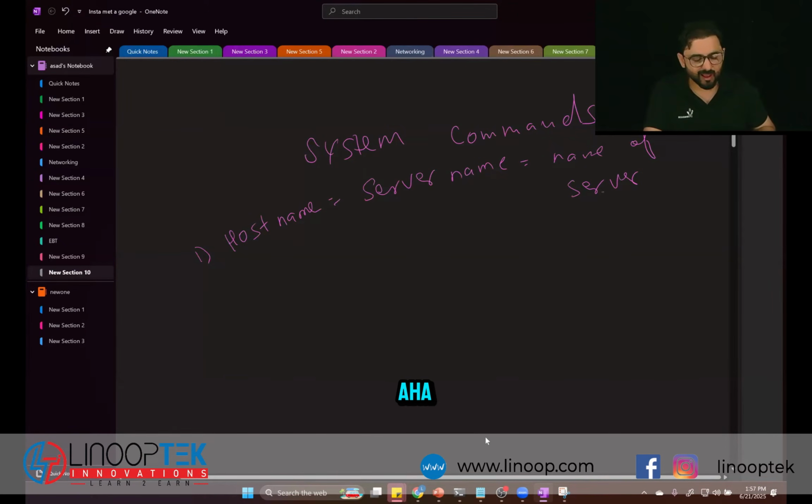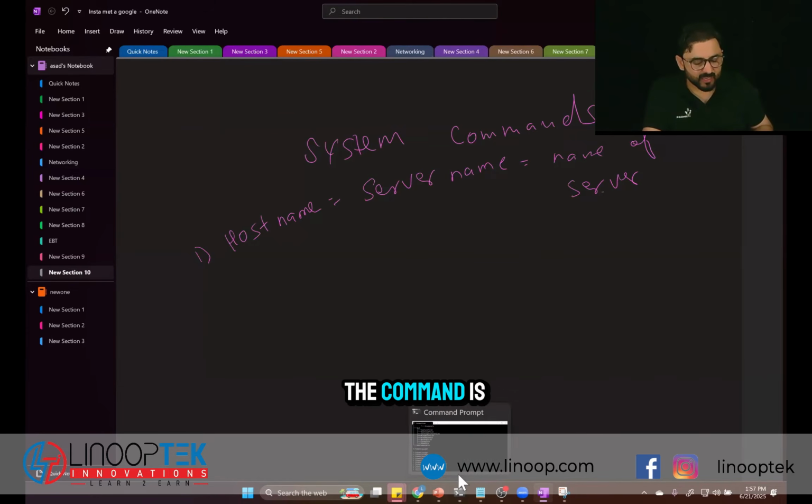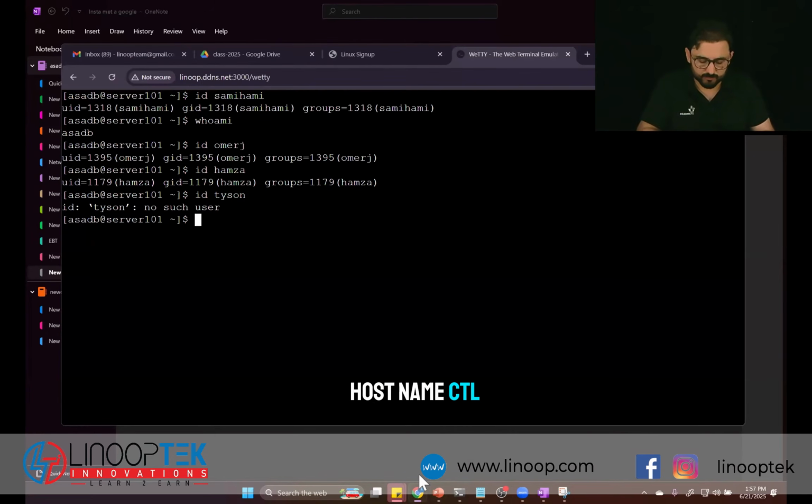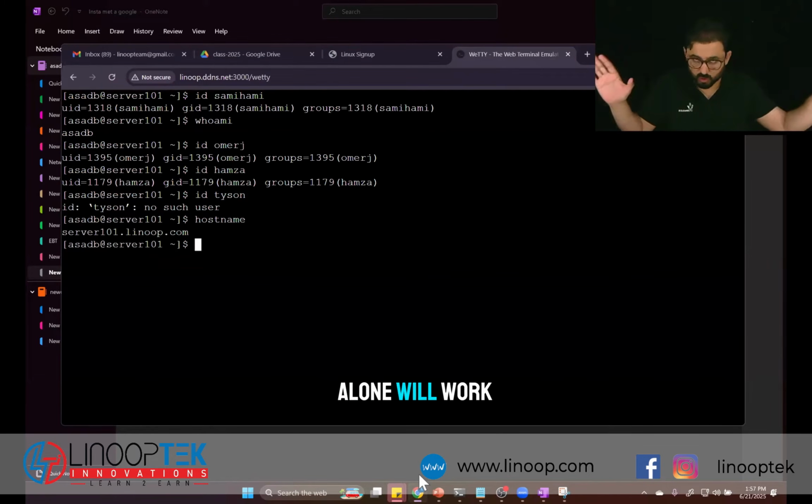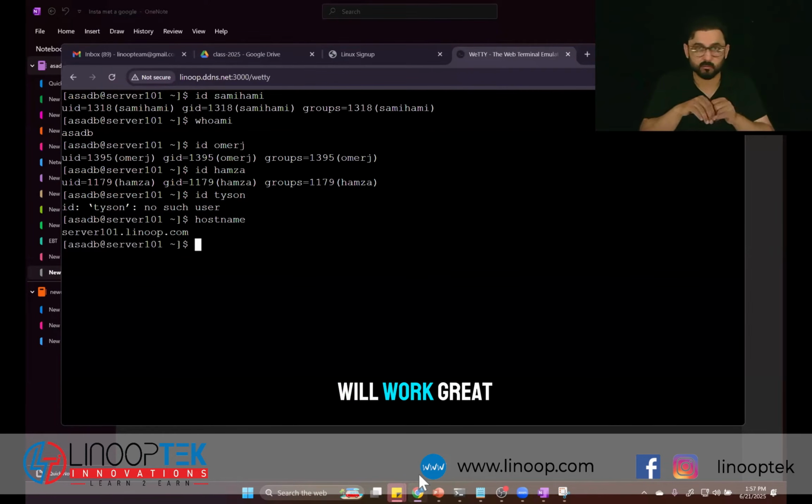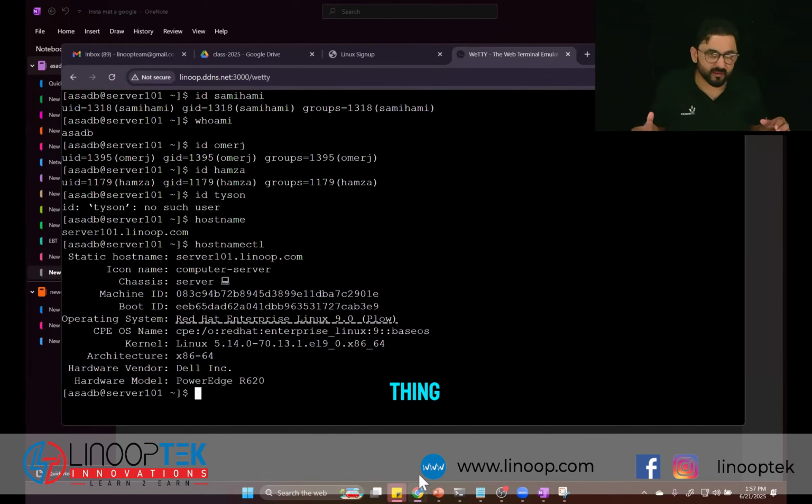Aha. The command is hostnamectl. A hostname alone will work too. Great job. But hostnamectl is a whole different thing. It tells me a lot of things about my server.